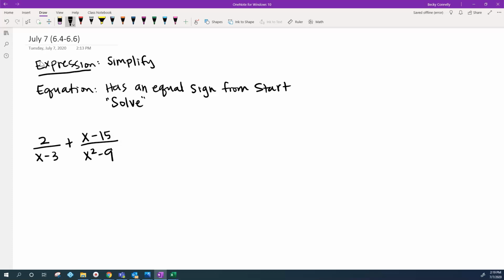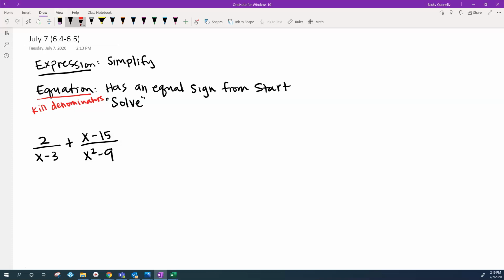But when we're dealing with these expressions, you have to keep the denominator, okay? You can only kill the denominators if it's an equation. So this is when you can kill the denominators, with equations. But you can't do that with expressions.